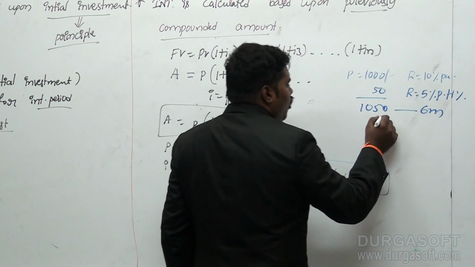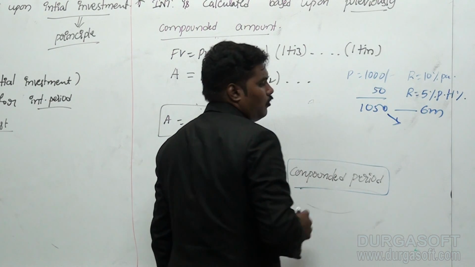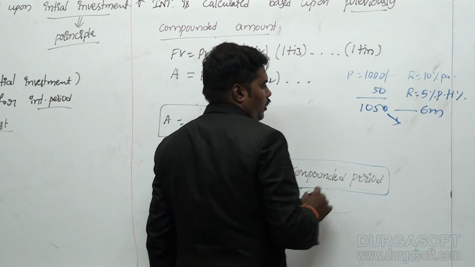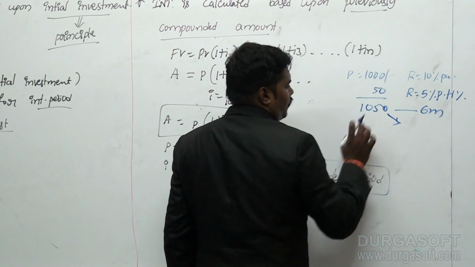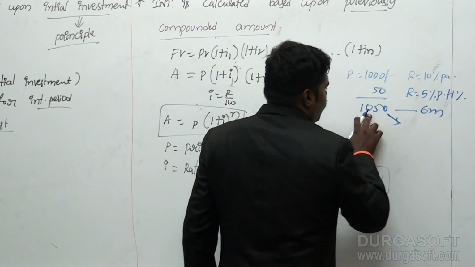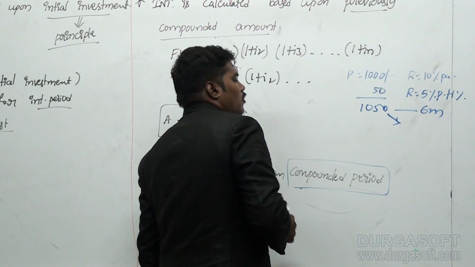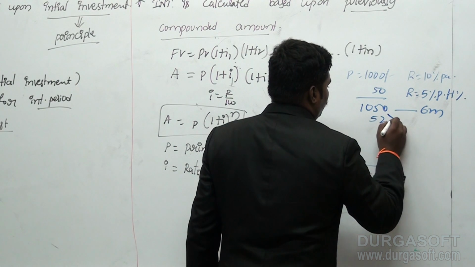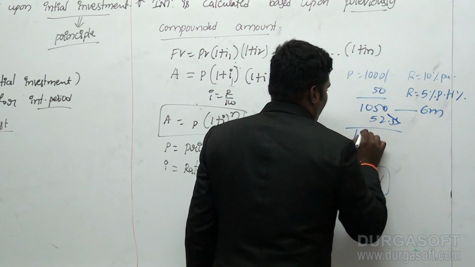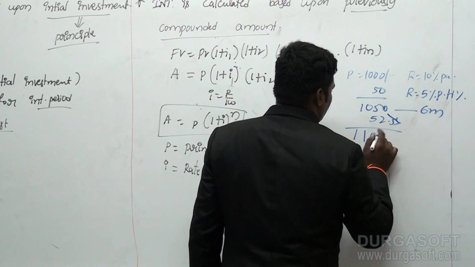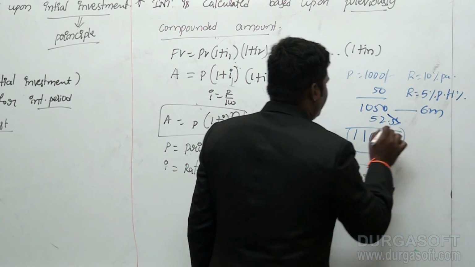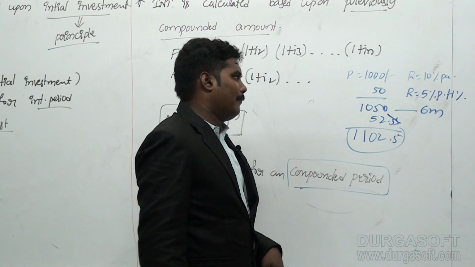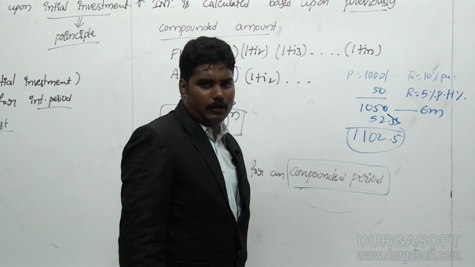In the next period we have to calculate on the basis of this. For 10% it is 105, for 5% it is 105 by 2, that is 52.5. So when you add that, you get 1102.5. Generally, when you calculate the interest for 1 year directly compounded, you get 1100 only.